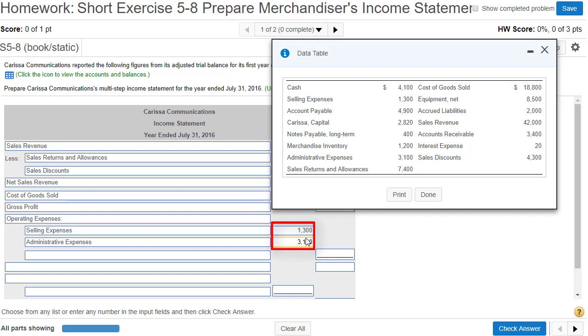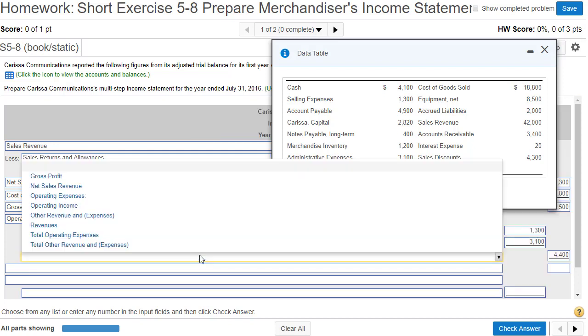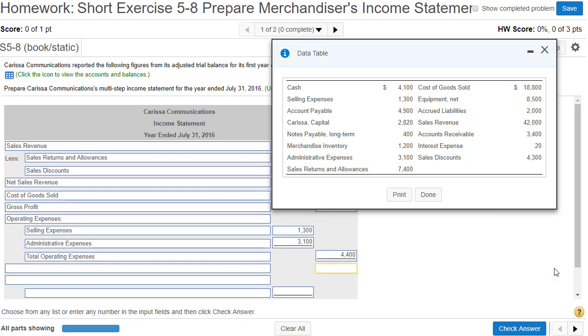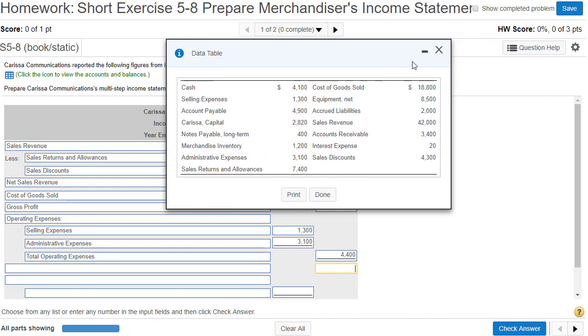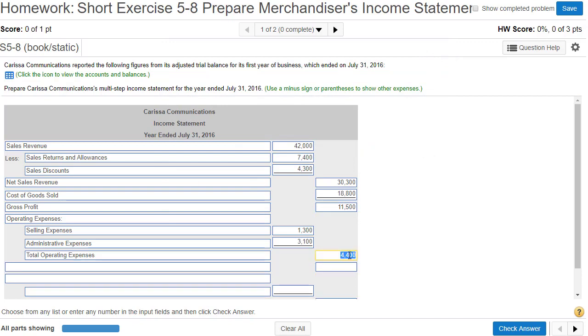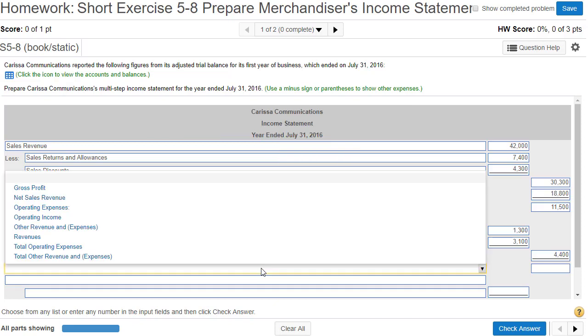So we're going to add those two expenses up. That gives us $4,400 of total operating expenses. And now what we're going to do is take our gross profit, $11,500, subtract our $4,400, and that gives us our operating income.